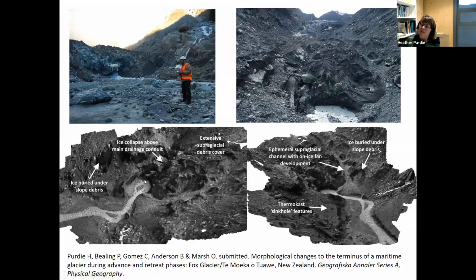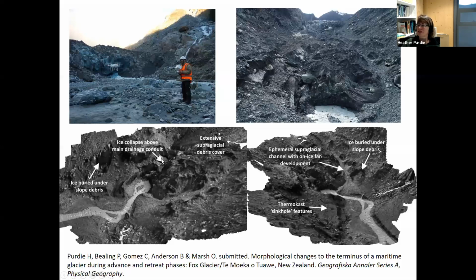And this collapse over the main drainage conduit really stands out in our models, where we can see that as the ice is thinning, it starts to collapse into this, you get the sagging over the main drainage conduit, and this is where the ice is starting to collapse down.